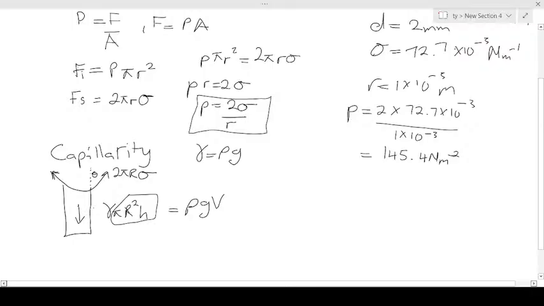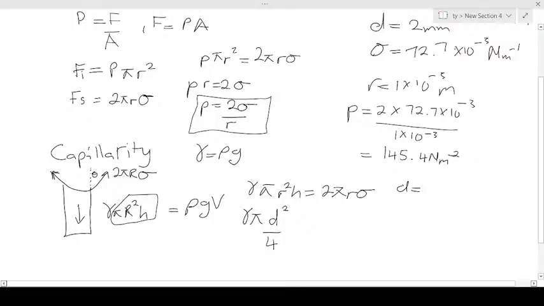And so we have gamma pi r squared h is equal to 2 pi r sigma. And so we also know that d is equal to r over 2. So we can have gamma pi d squared over 4, because you square this r over 2.